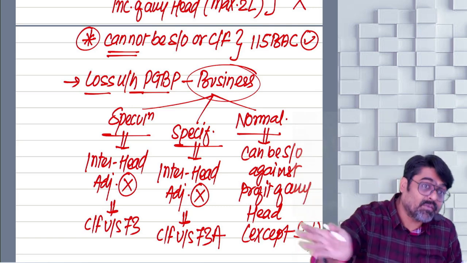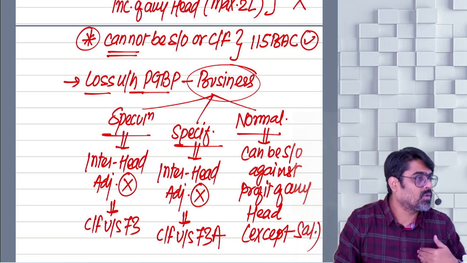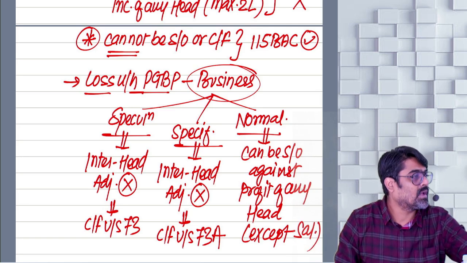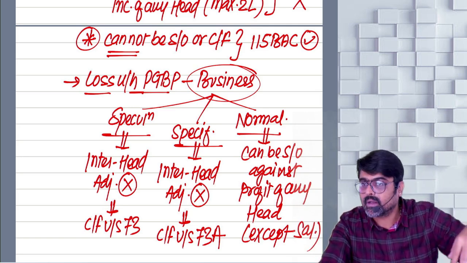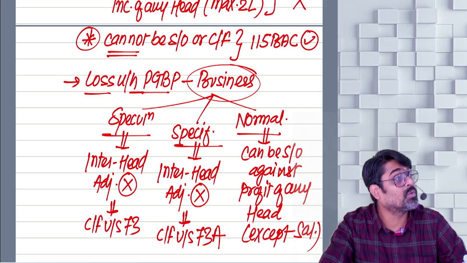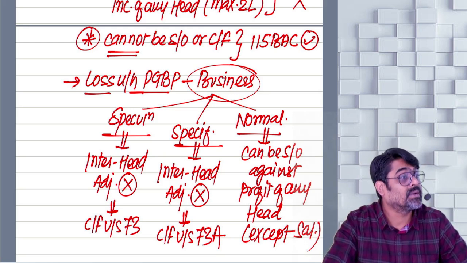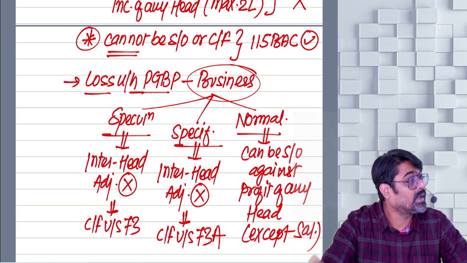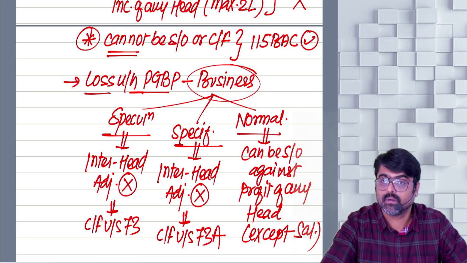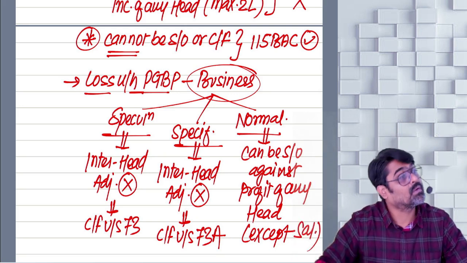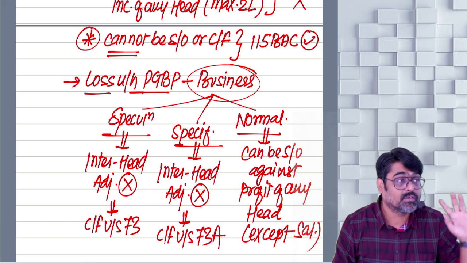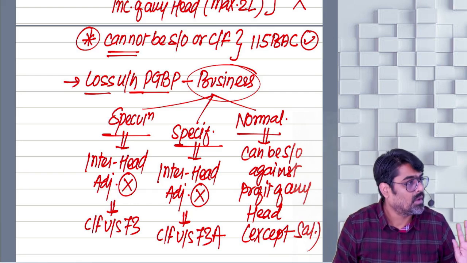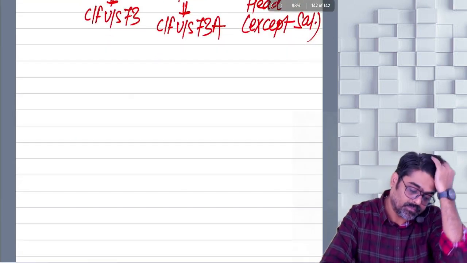If everyone starts doing it, then we'll have to check that the losses calculated by everyone are correct or not. Just imagine how much time it will consume. It will consume huge time, and unnecessarily the burden will be on the income tax department. We are not going to allow that. Claim it from other incomes. No, don't claim it against salary. We are not going to allow it. Yes or no?